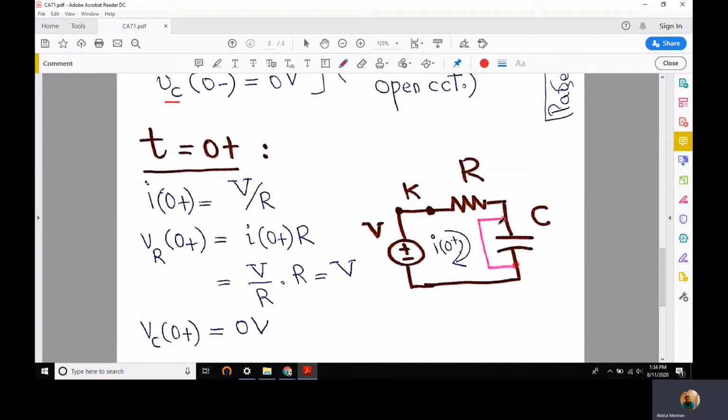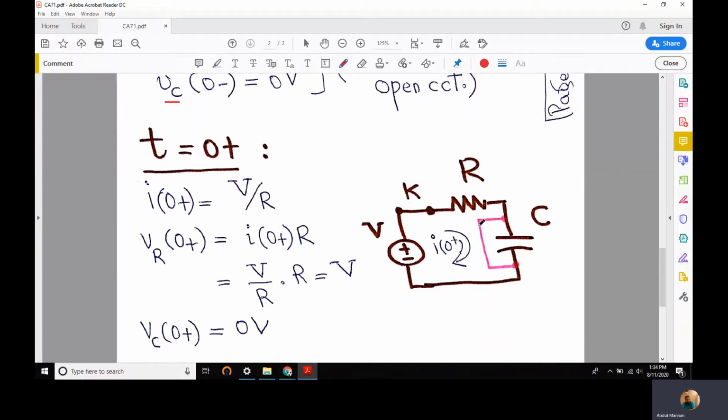And just after we have closed the switch, what happens to the current and the two voltages across resistor and across capacitor? Since the voltage drop across capacitor is based on an integral term, it cannot change suddenly. So it becomes short. The voltage drop across capacitor is 0 at time t equal to 0 plus, just after we have closed the switch.